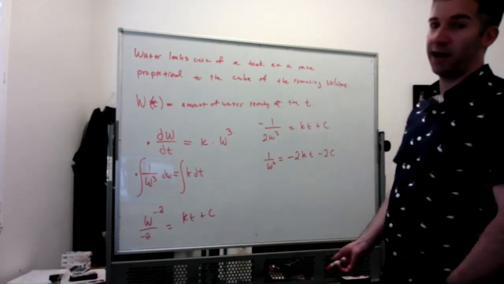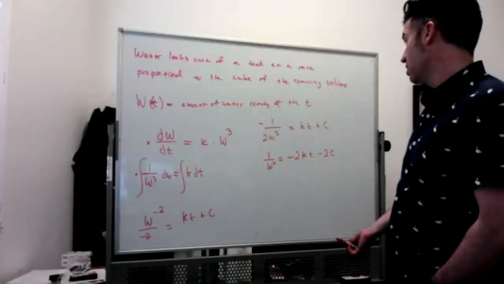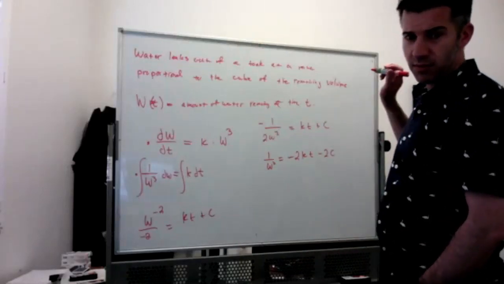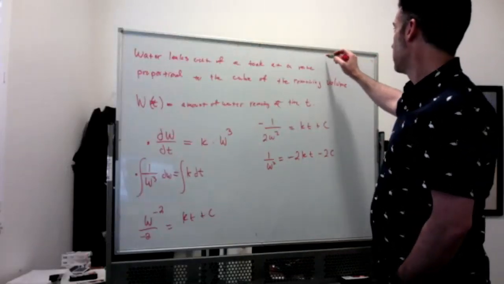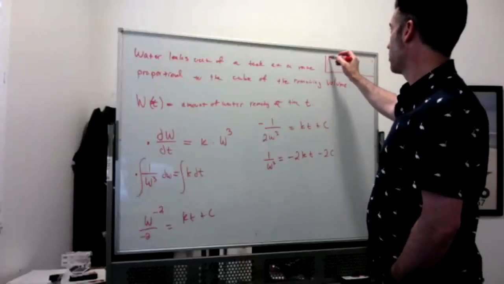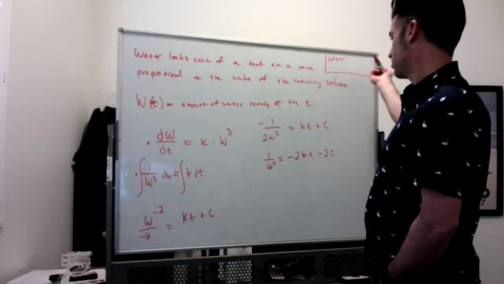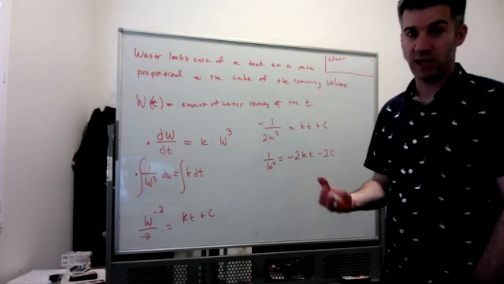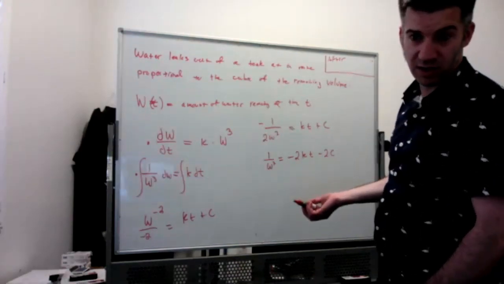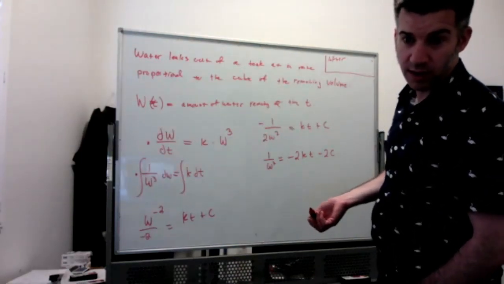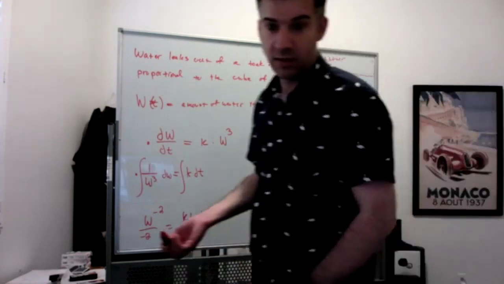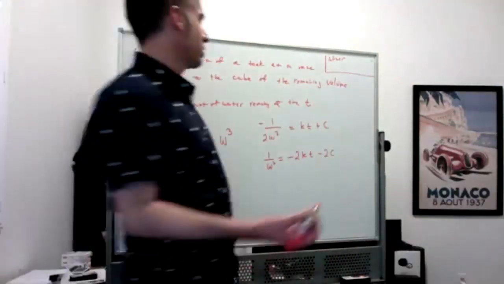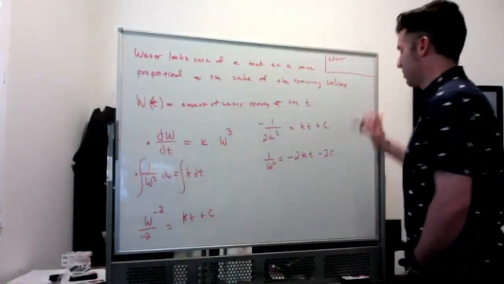I suppose I should give you an initial condition. So let's say that we know that, so here's the problem, what's the time measurement? They give an initial condition like after 1 day.